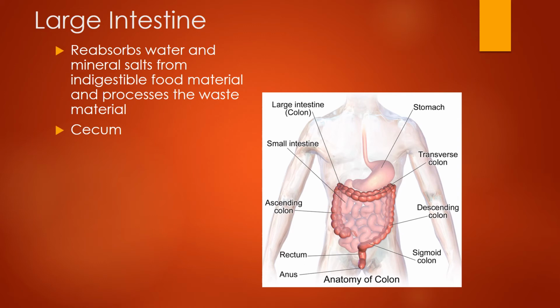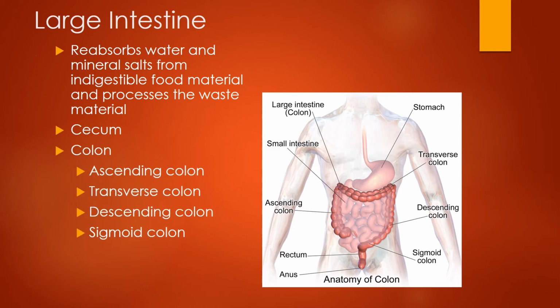It has three parts: the cecum, the colon, and the rectum. The cecum joins the ileum to the colon and is the receiving pouch for the waste matter. The colon is home to many bacteria or intestinal flora that aid in the digestive process.